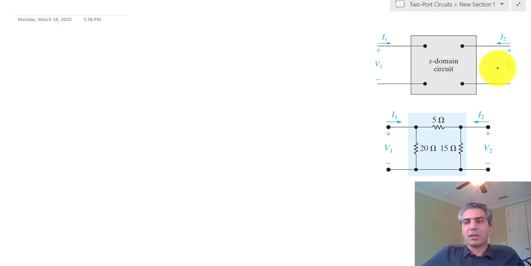So it's basically a choice of 2 out of 4, and that gives you 6 different ways of arranging these equations.